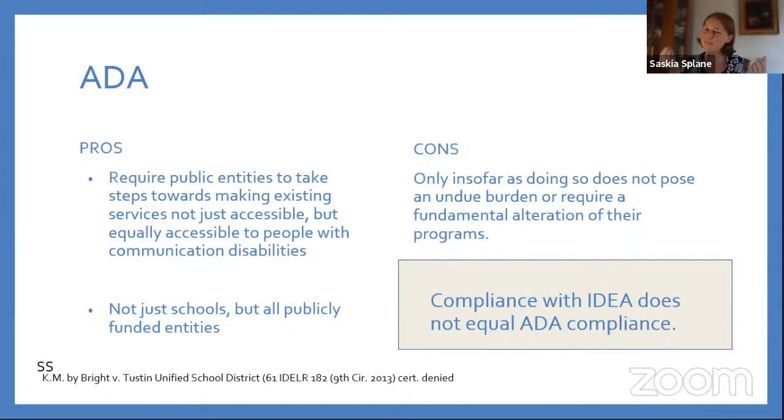So our schools have a tight budget. So ADA is a difficult thing for them to acquire for that equal access. And this is not just for schools, right? ADA covers everybody, every publicly funded entity. So compliance with ADA does not equal IDEA compliance and vice versa.